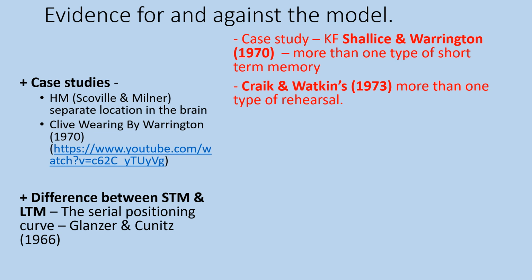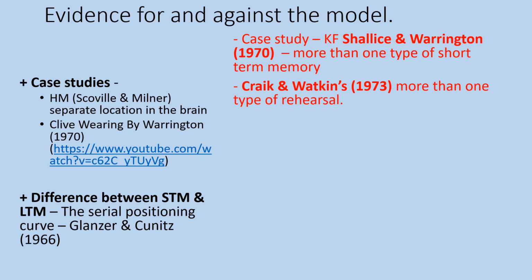But when it comes to Shallice and Warrington's study of KF, or as I frequently refer to it, KFC, because KF can see, i.e. he can process visual information, but not auditory, it shows us that there must be more separation of these things than others.